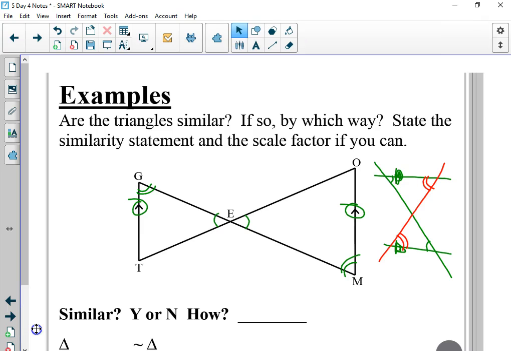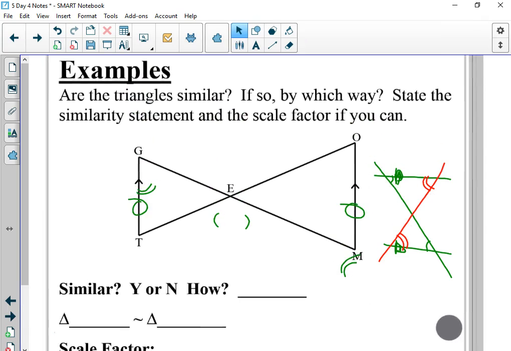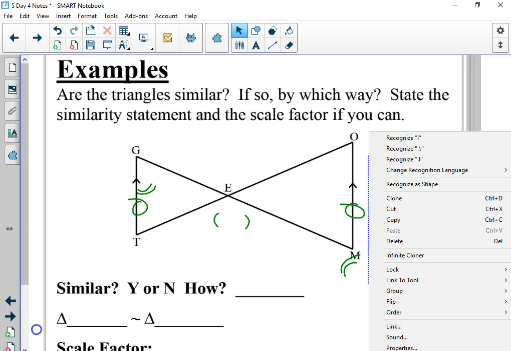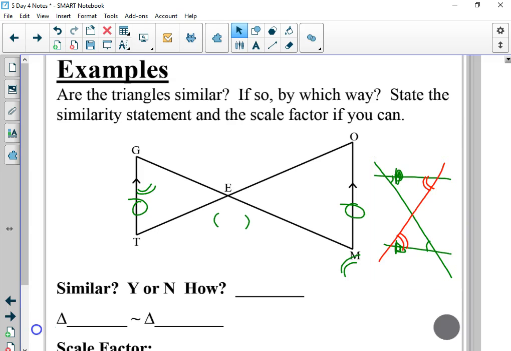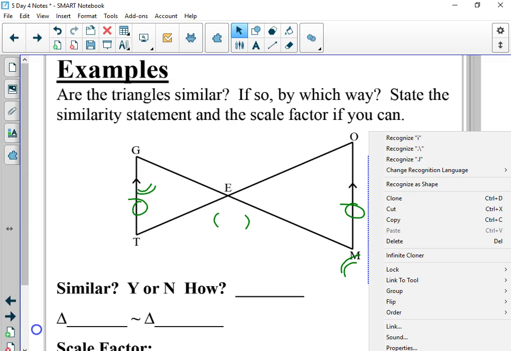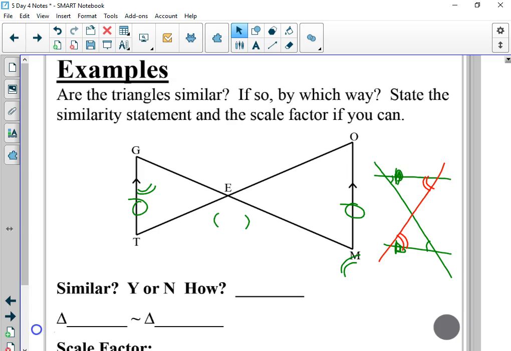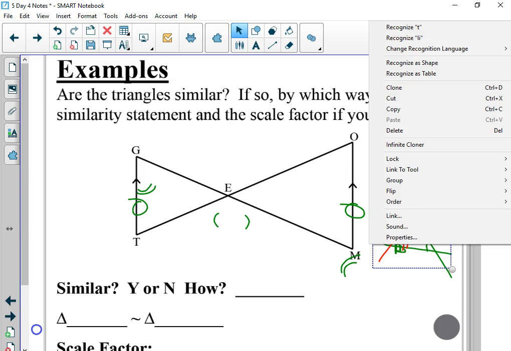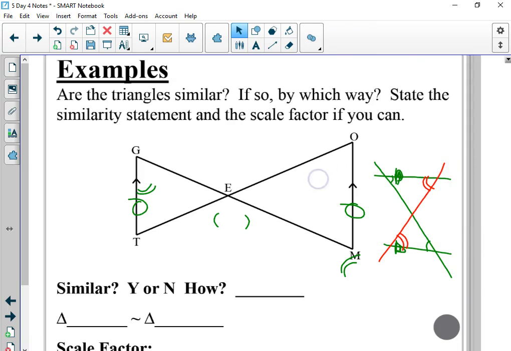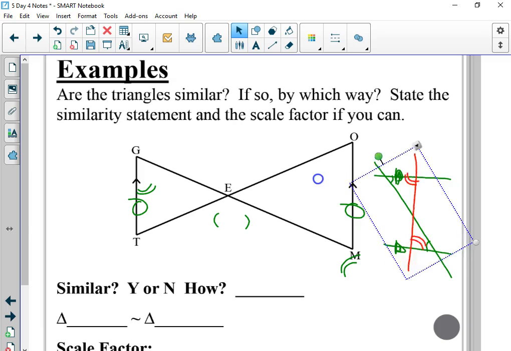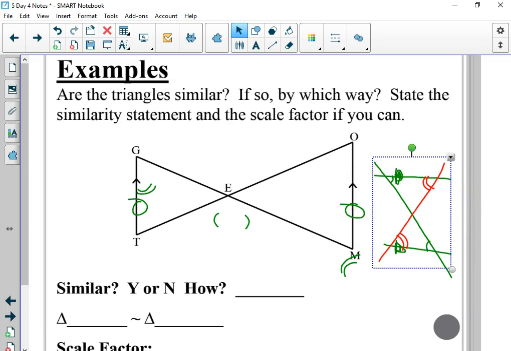Well, if I just take this entire thing, whoops, not what I meant to do. Well, it won't let me group it.